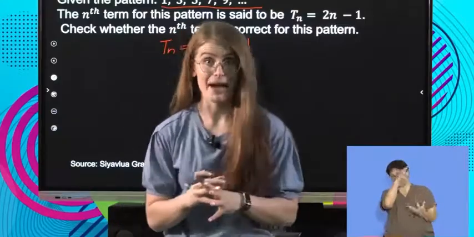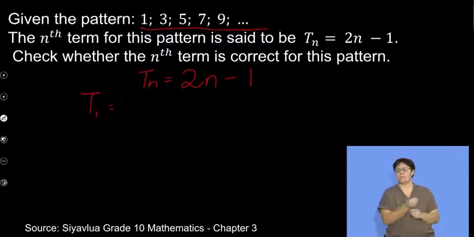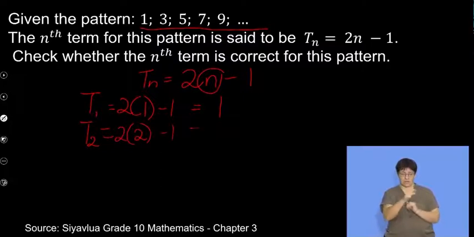So let's see if they match. If I've substituted 1, I'm going to have 2 times 1 minus 1, which gives me 1. Then if I'm looking at term 2, I'm substituting in 2 for n. So I'm going to have 2 times 2 minus 1, which will give me 3.